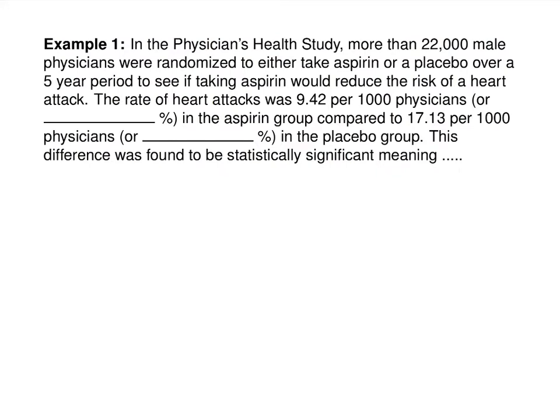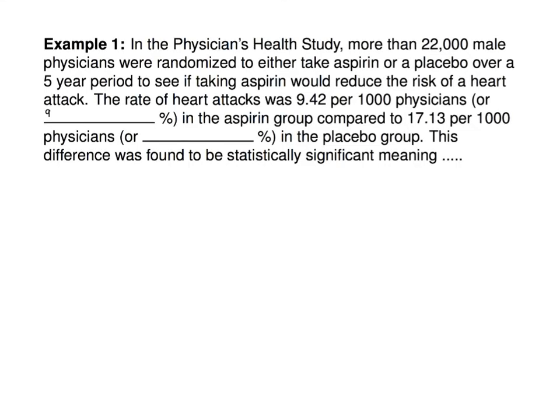So, for example, in the Physicians' Health Study, more than 22,000 male physicians were randomly assigned to either take aspirin or a placebo over a 5-year period to see if taking aspirin would reduce the risk of a heart attack. Now, the rate of heart attacks was 9.42 per 1,000 physicians.